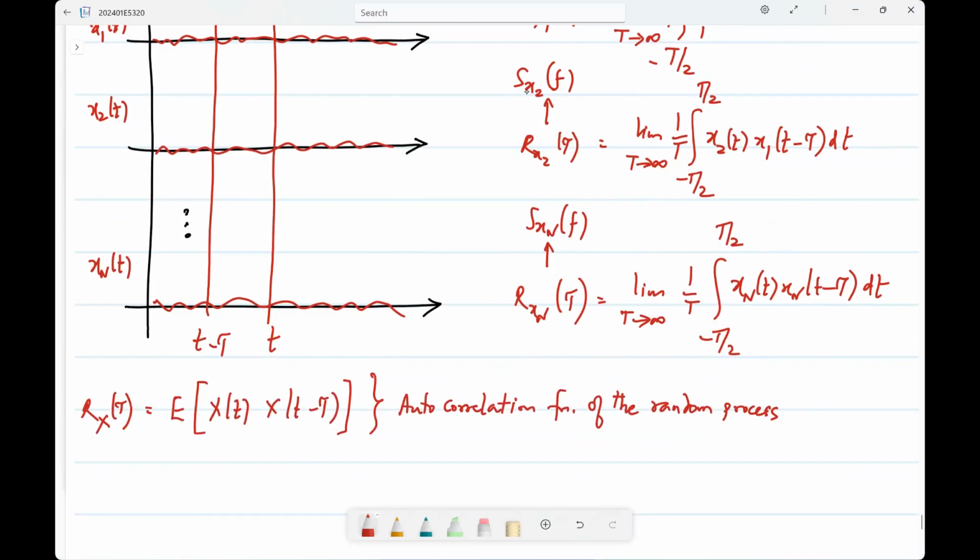I am using uppercase X just to denote the whole process. Okay. So even if you don't understand this because you have not heard of these expectations, it's fine. We'll still be able to calculate what we want to.